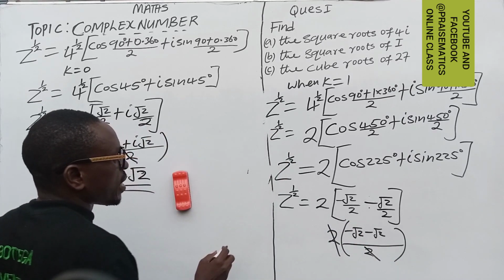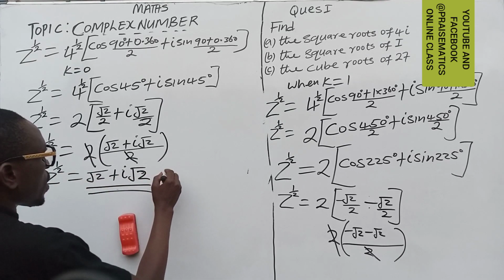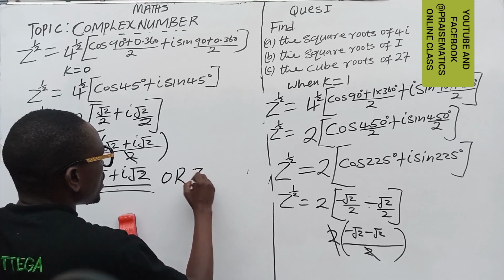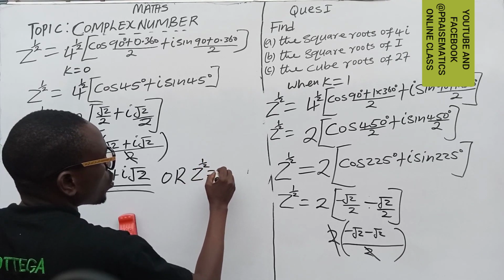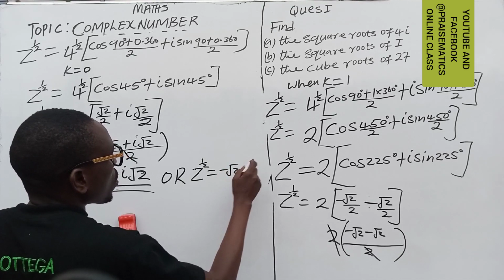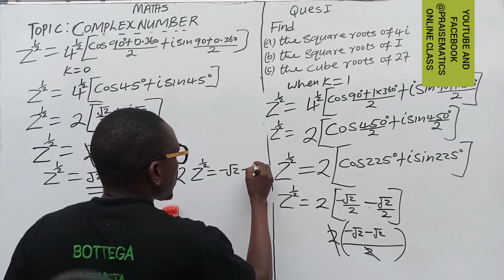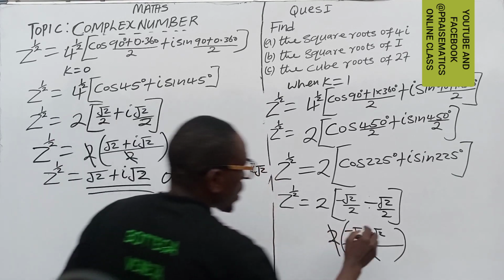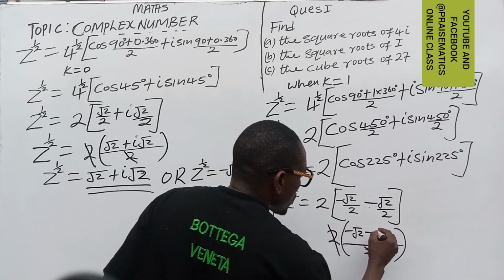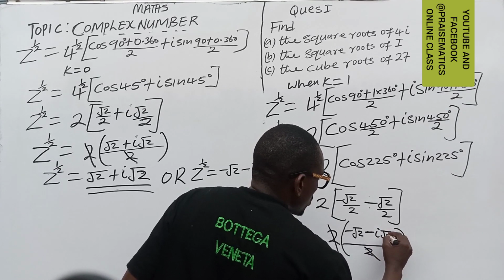Finally, we have that z to the power 1 over 2 is equal to minus root 2 minus i root 2.